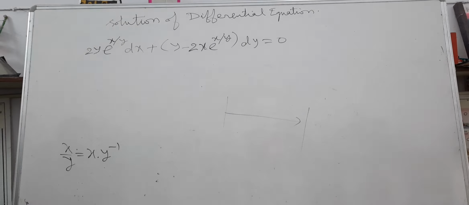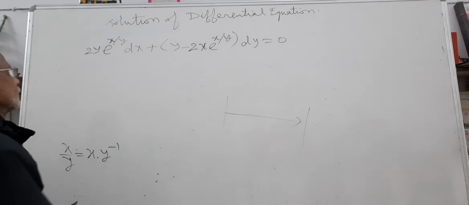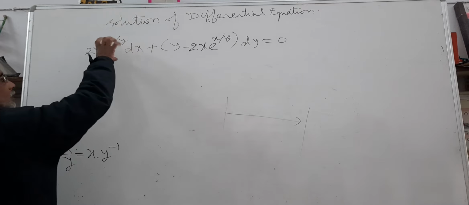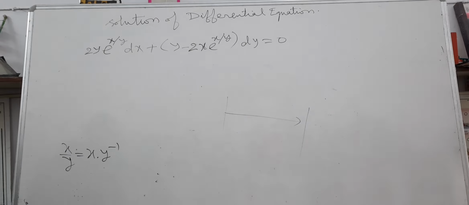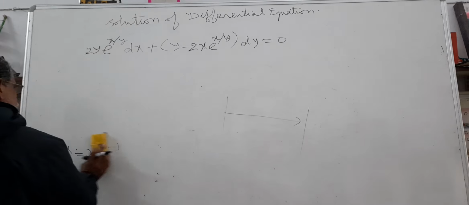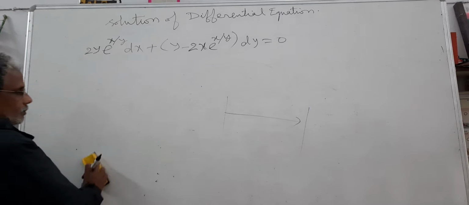In each of the other terms the combined power of x and y is 1. The e power term can be neglected because its combined power is 0, not plus 1 or minus 1. So this is also a homogeneous equation.